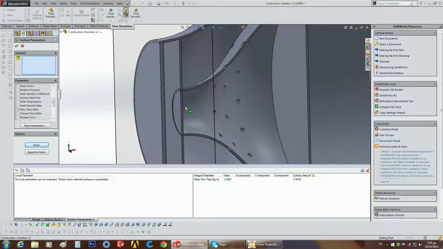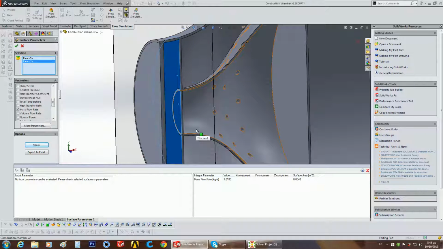At this point, 0.1 kilograms per second goes in the combustor liner, and the rest of it goes outside. Of course, if you add these two surfaces, we see that we have a small deviation in the amount. We have 1.0185. Of course, we have 1 kilogram in the inlet, so this is a small deviation.